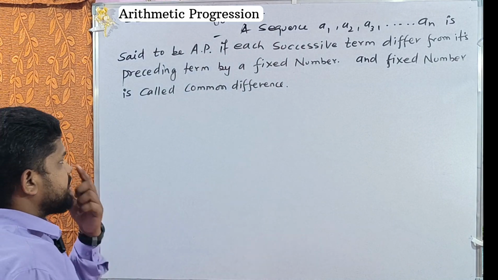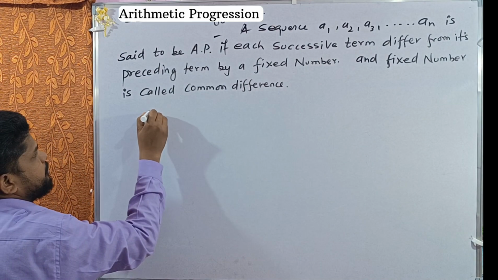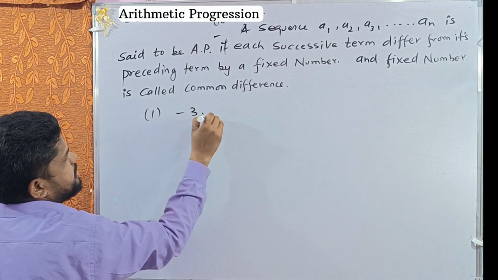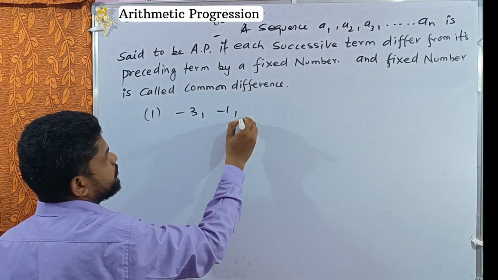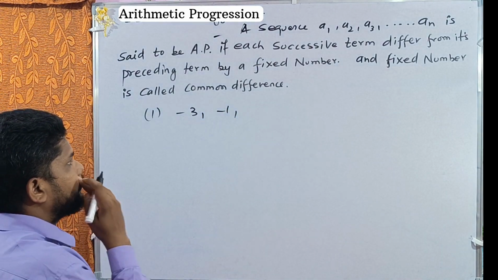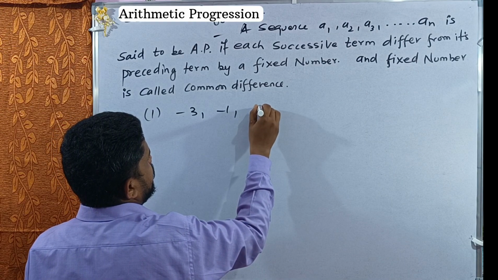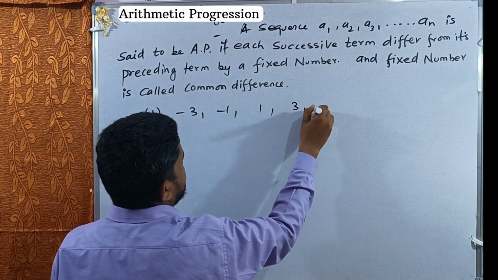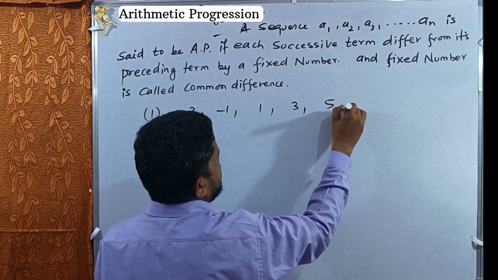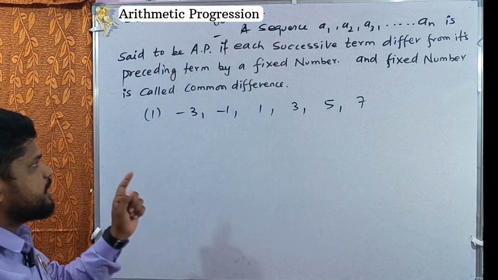Okay, so dear students, let's just take an example. Suppose I have written one sequence which is -3, -1, 1, 3, 5, 7. This is a sequence.